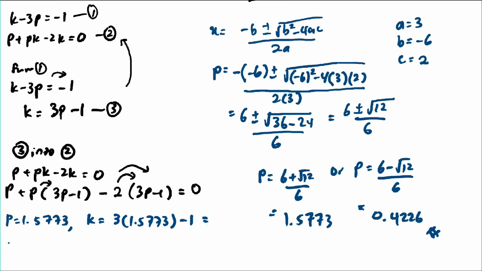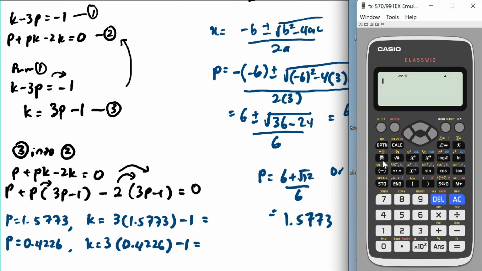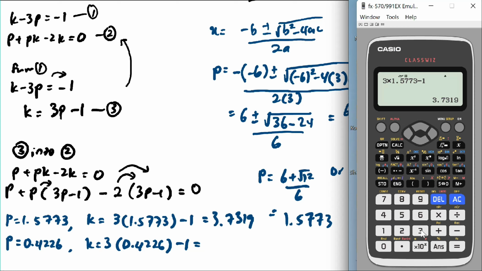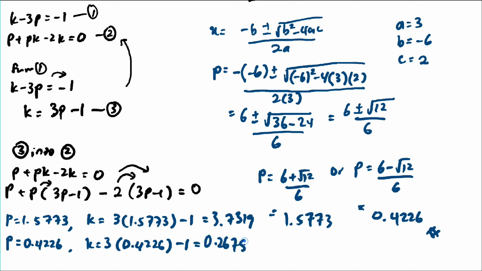So I get 3.7319. And when p is equal to 0.4226, k is equal to 3 times 0.4226 minus 1. So here I get 0.2678.